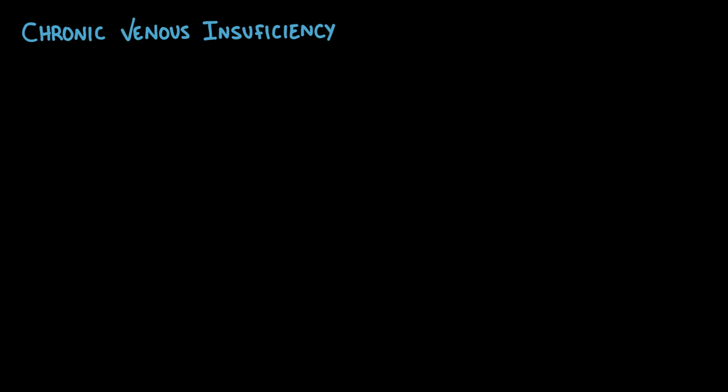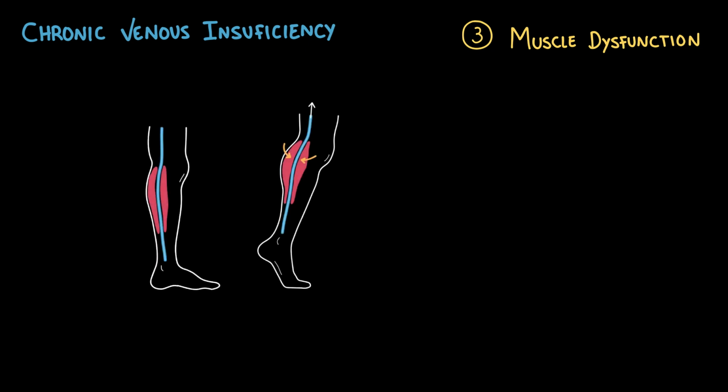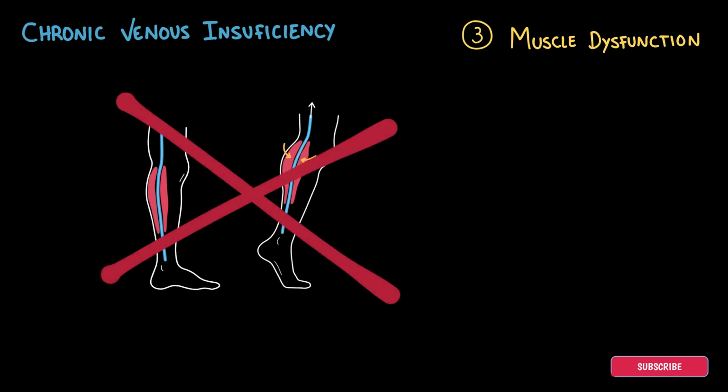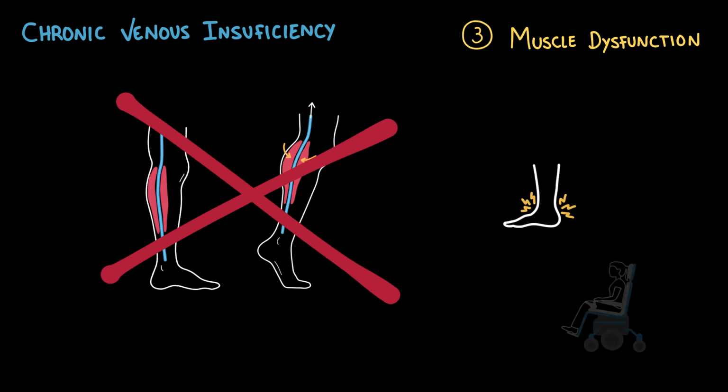The third mechanism is muscle pump dysfunction. Remember the calf muscle pump we talked about earlier, our peripheral heart? Well, if that system stops working properly, it becomes much harder for blood to move upward against gravity. This can happen in people who are sedentary, have reduced ankle mobility, muscle weakness, or neurological conditions that limit leg movement.